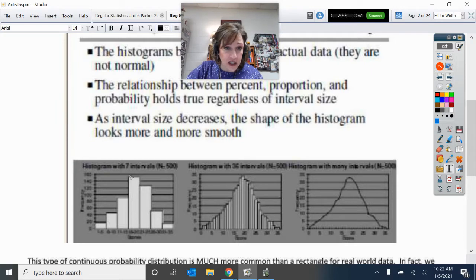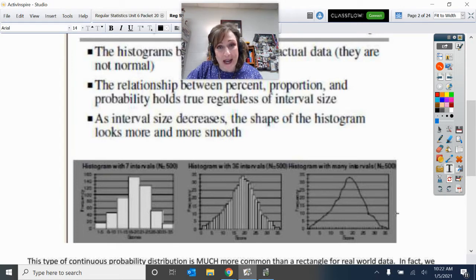Now, take a look at this situation where we have a histogram with 7 intervals. Here's one where we've got 36 intervals. So look at what happened from 7, it's kind of clunky, 7 sections that we could find those areas for, versus smaller little sections. It looks a little bit more smooth, a little bit more continuous.